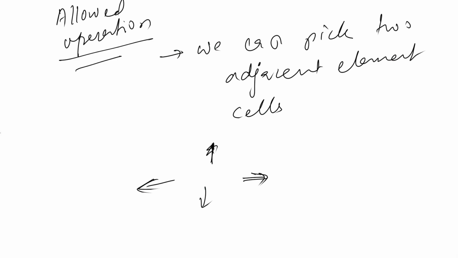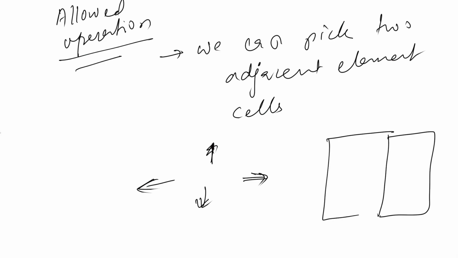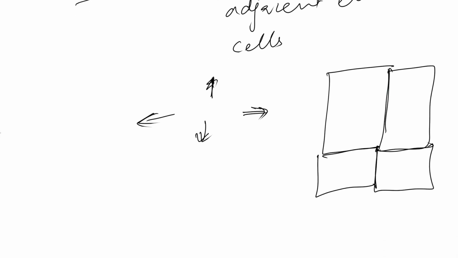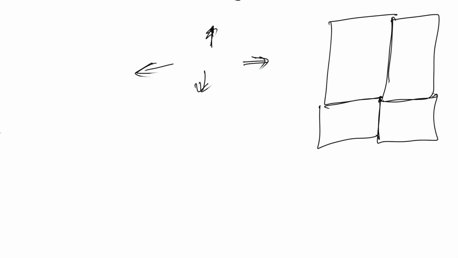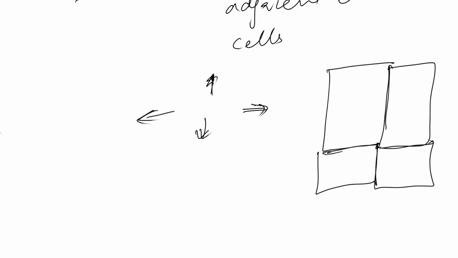So these four directions will be there. If the cells share a boundary like this, or like this one, or this one, those we can say are adjacent elements. So if we pick any two adjacent elements, let's suppose this and this, then we have to multiply by -1. And our goal, we know that.